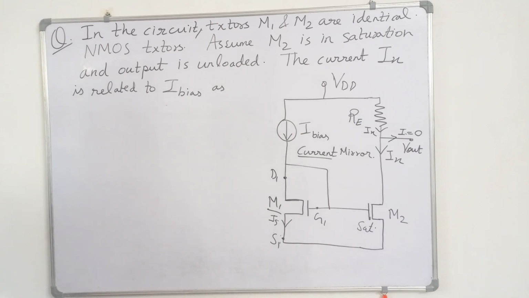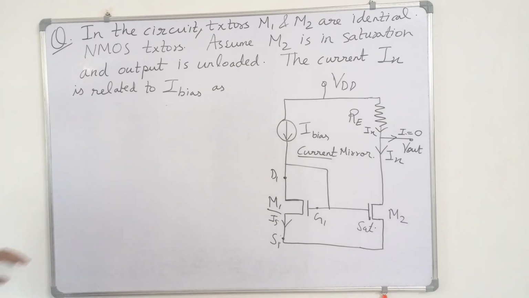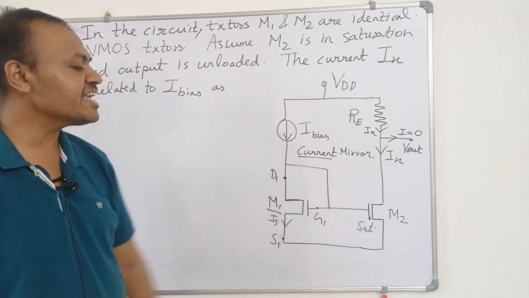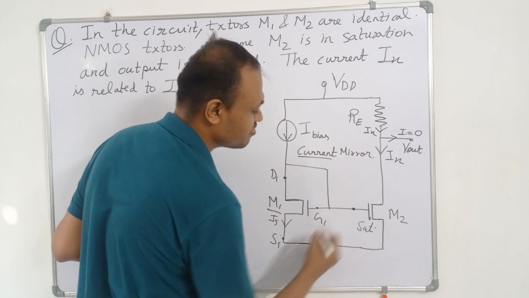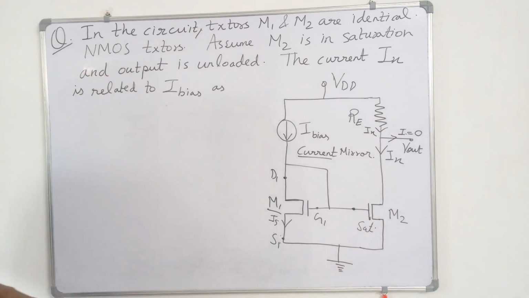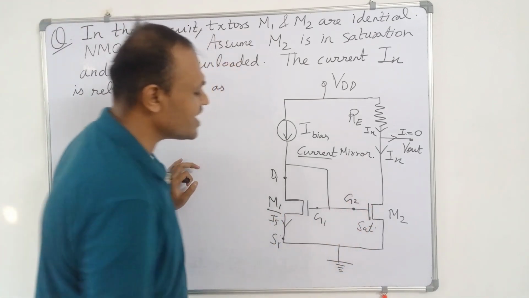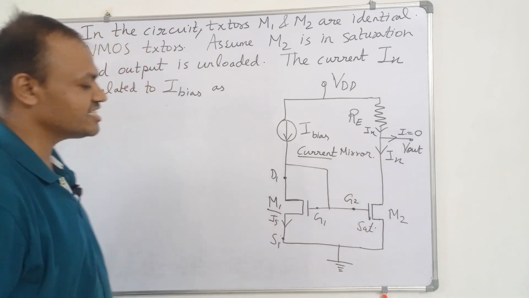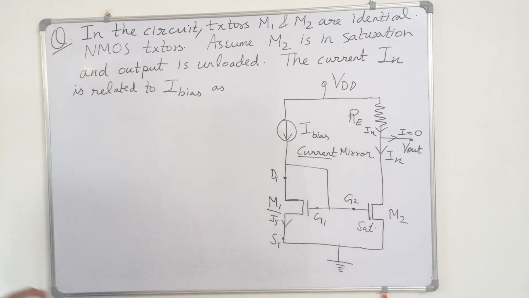In a current mirror circuit, always you will see one MOSFET will have the drain and gate terminal shorted. This is the gate terminal G2. You can see the gate terminals of both the MOSFETs are at the same voltage.